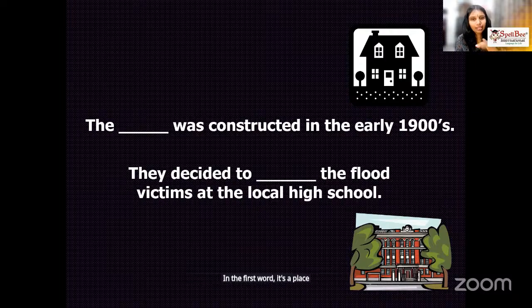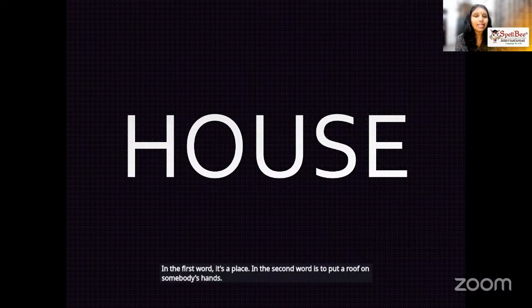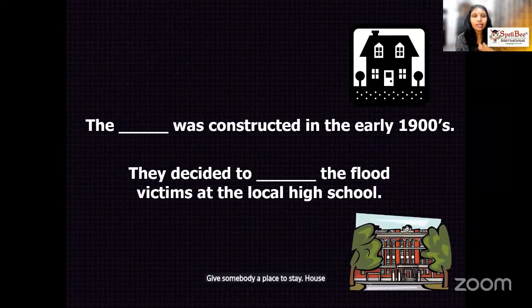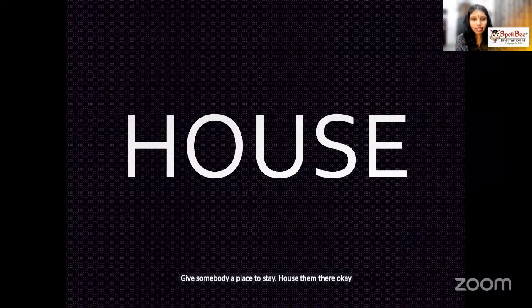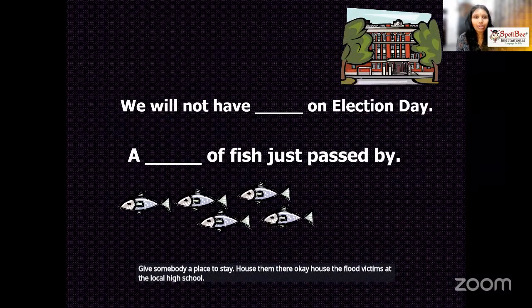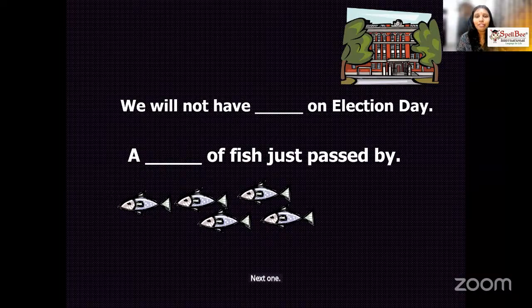In the second, it is to put a roof over somebody's head. Give somebody a place to stay. House them there, okay? House the flood victims at the local high school. Next one. This is simple. I hope everybody gets this correct. Very good. Not even one single wrong answer, I pray.